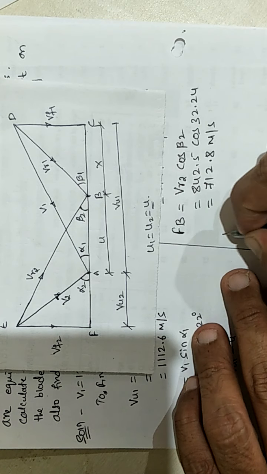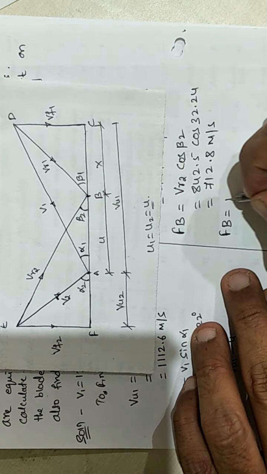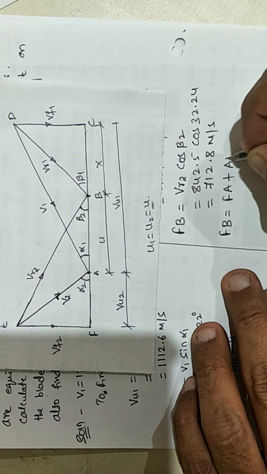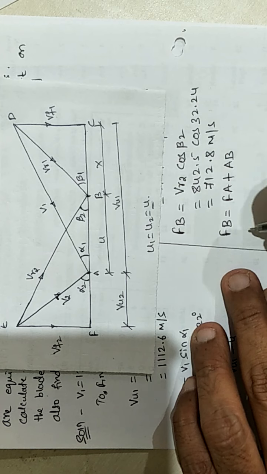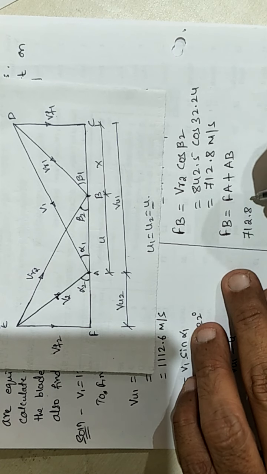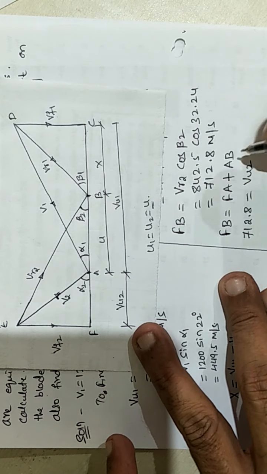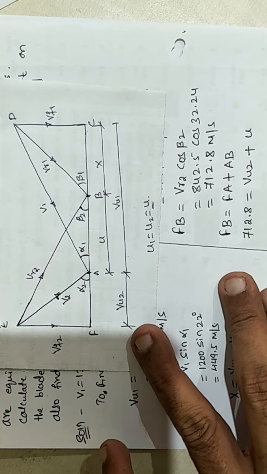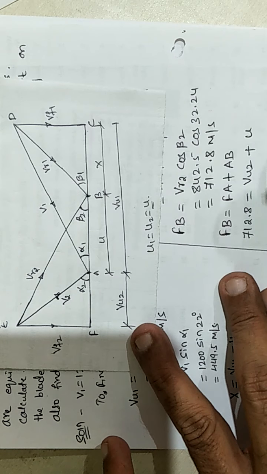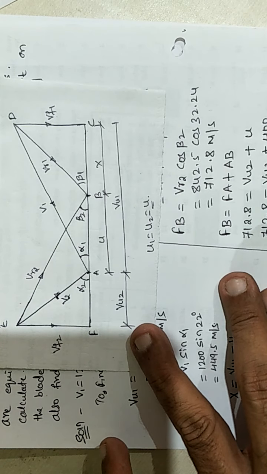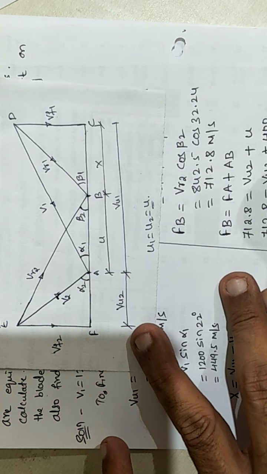So I can write FB is equal to FA plus AB, where AB is U. Substituting the values, 712.8 is equal to VU2 plus 400, or VU2 is equal to 712.8 minus 400.